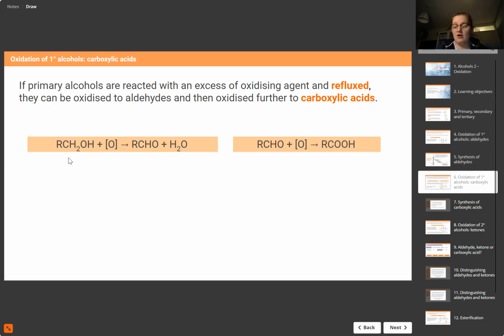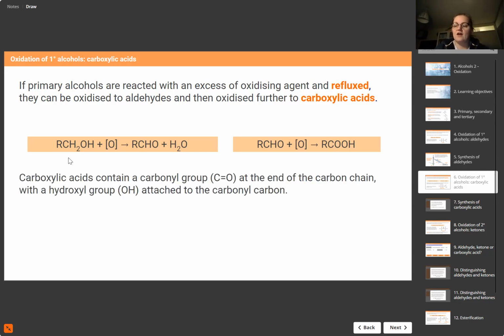Then we carry on oxidizing further via reflux, and so we take our aldehyde, RCHO, and our oxidizing agent still, and then we get RCOOH, which is our carboxylic acid.